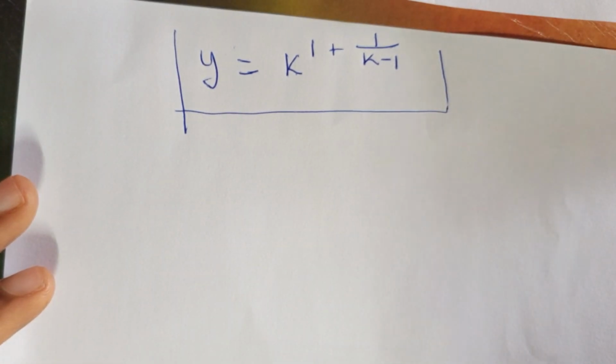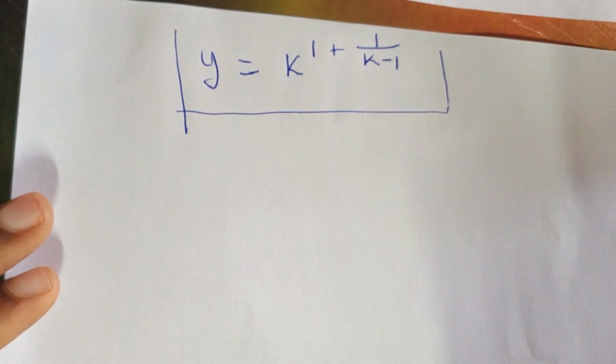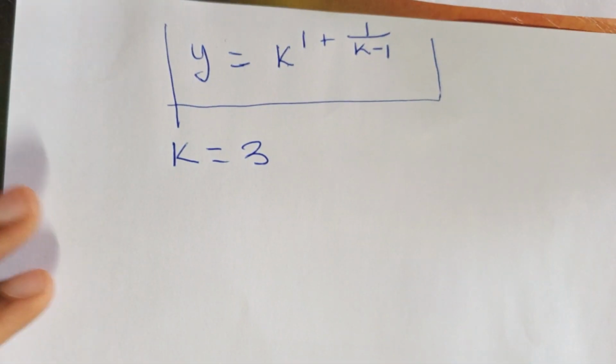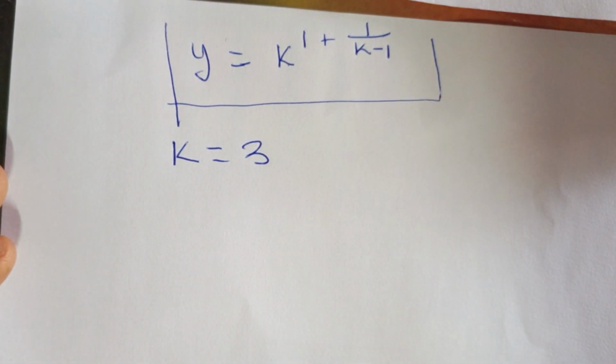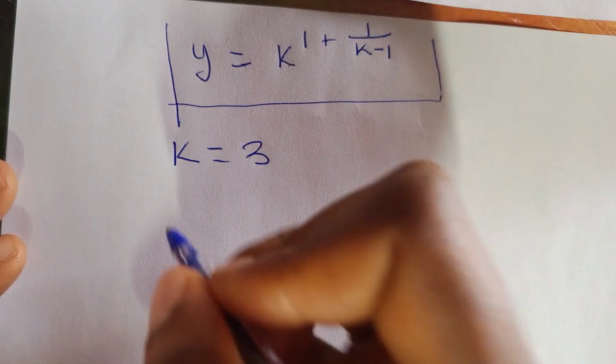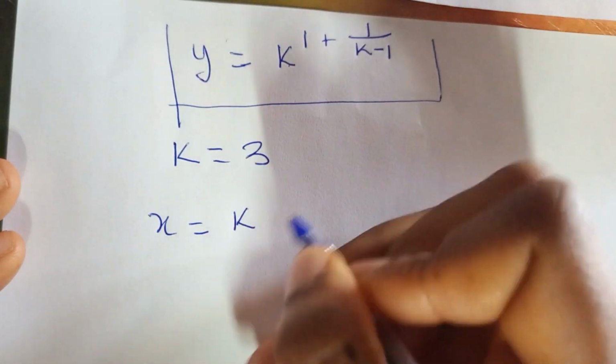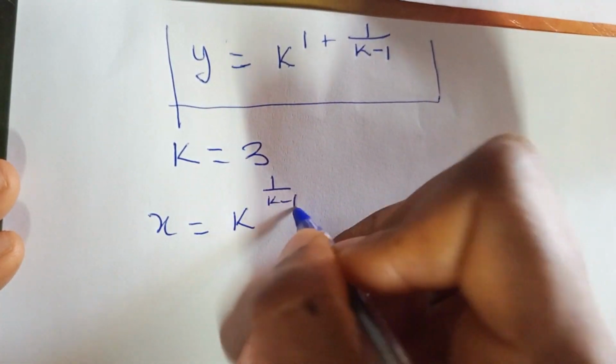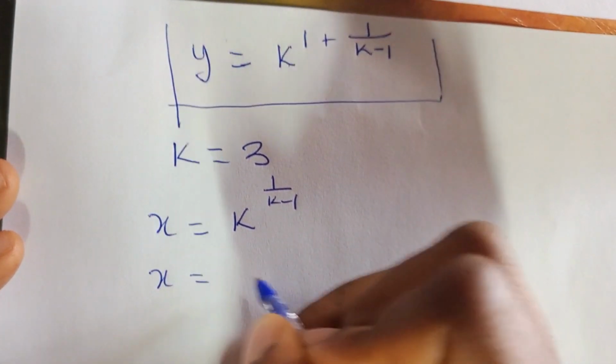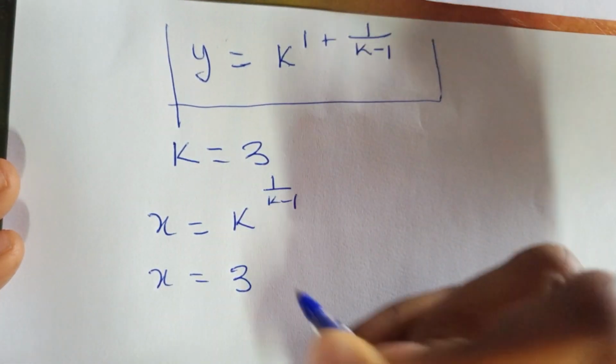So let's say k equals 3, k is a constant in this question. So let's substitute k into x and see what it will give us. So x equals k raised to power 1 over k minus 1. Let's substitute 3 wherever we see k.